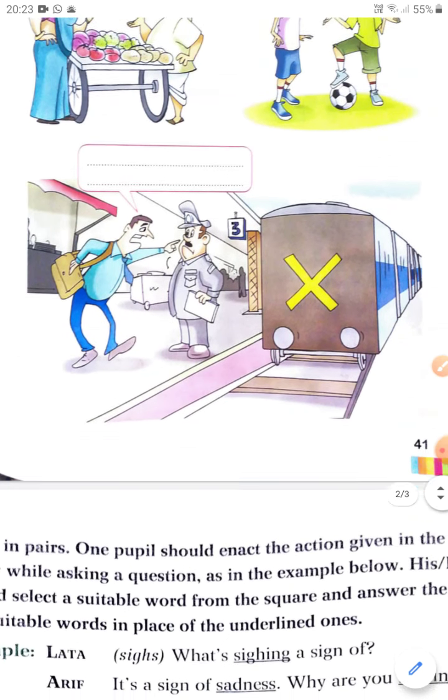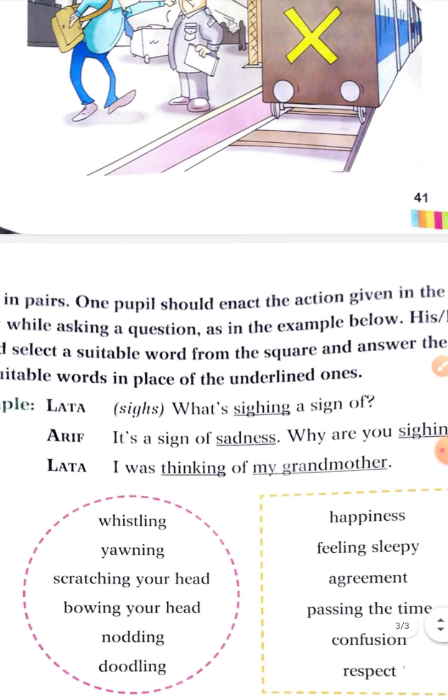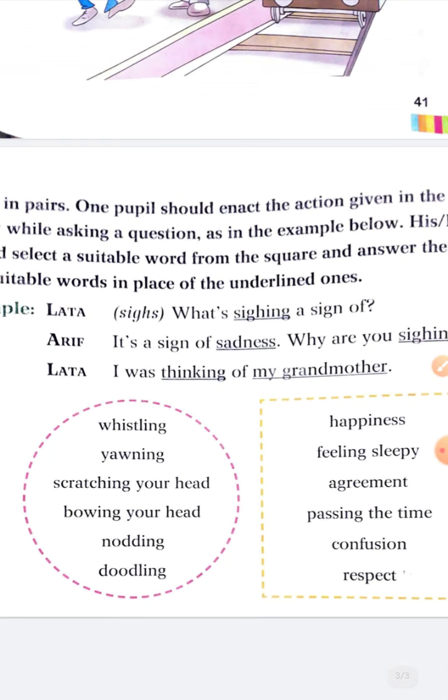Here only understanding. Now this exercise, a little bit of understanding is required. There are certain words in this circle and meanings are in the square. First is Lata saying, what's sighing a sign of? You know what is sighing? So Arif saying, it's a sign of sadness.